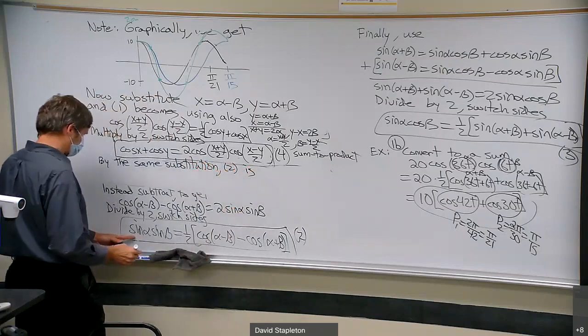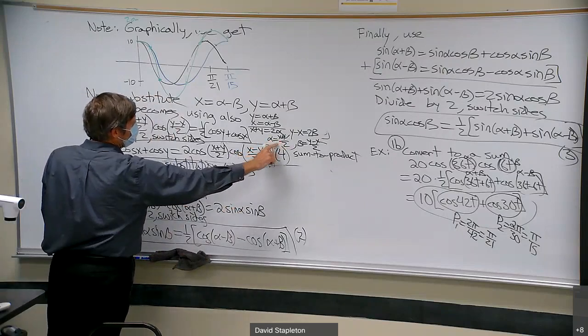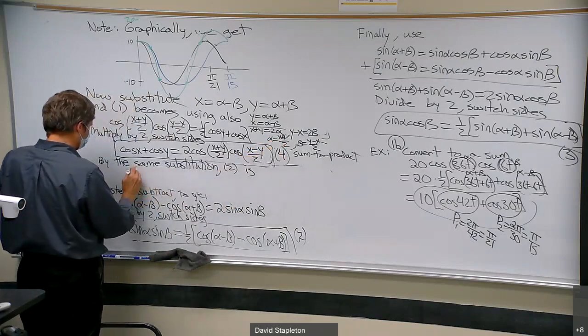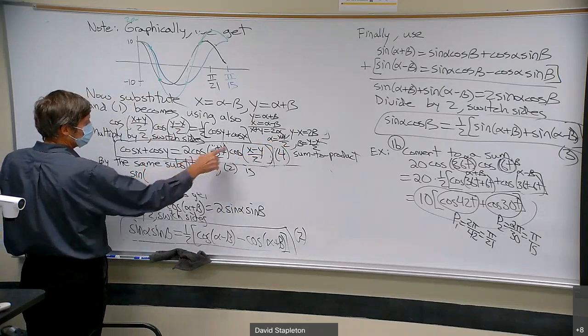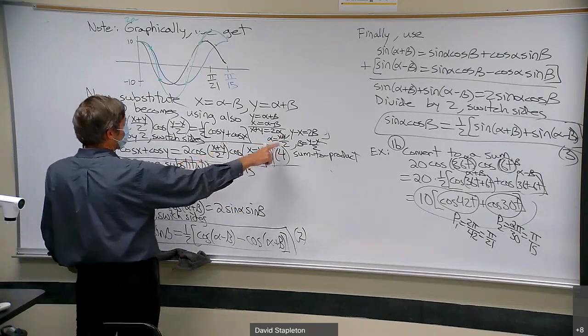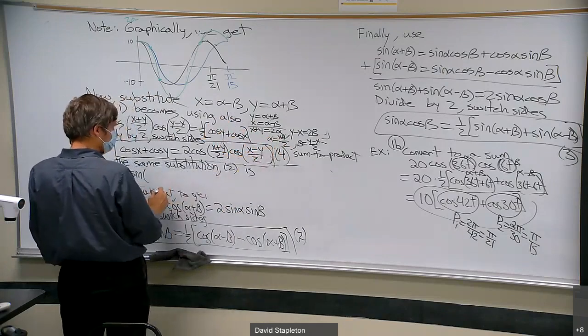Two becomes what? Let's see, sine alpha, sine beta. Here's alpha and beta becomes sine, let's see. Alpha is x plus y over 2.